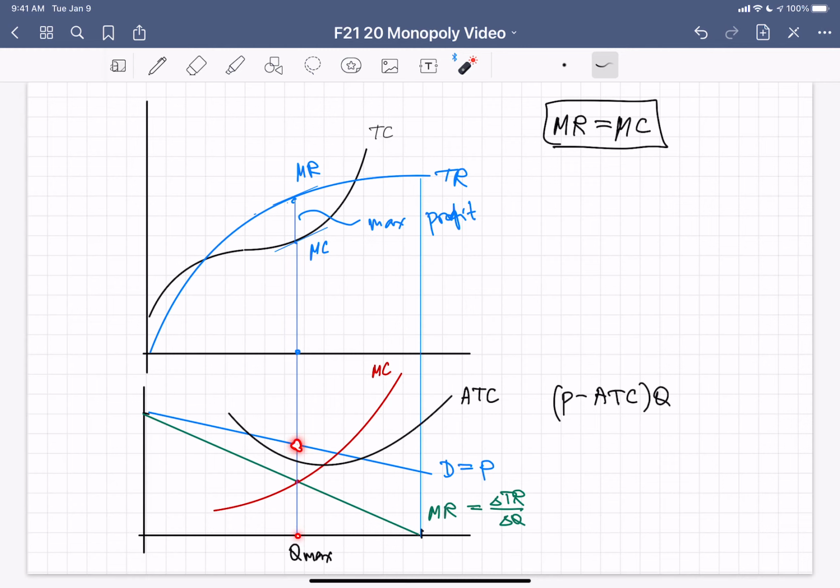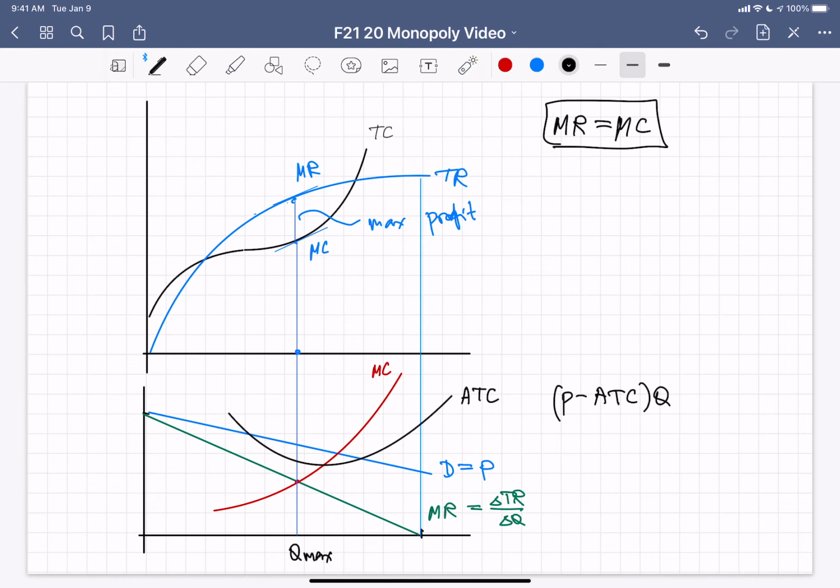And at this quantity, your ATC is this much, right? So the distance between these two curves, P, which is our demand curve, and ATC, which is our average total cost curve, times Q, gives us the profit. So graphically, this is what our profit is.